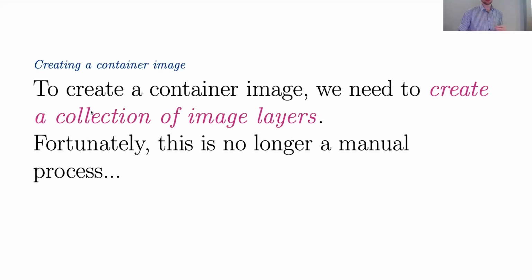The original Linux containers were one directory that you could zip up and pass around and run inside of. Since Docker, we've gotten a little bit more creative, by which I mean we've introduced a layered file system within our containers, okay?